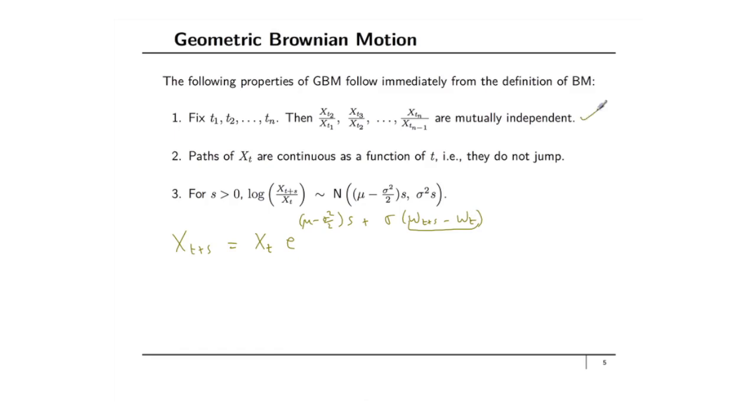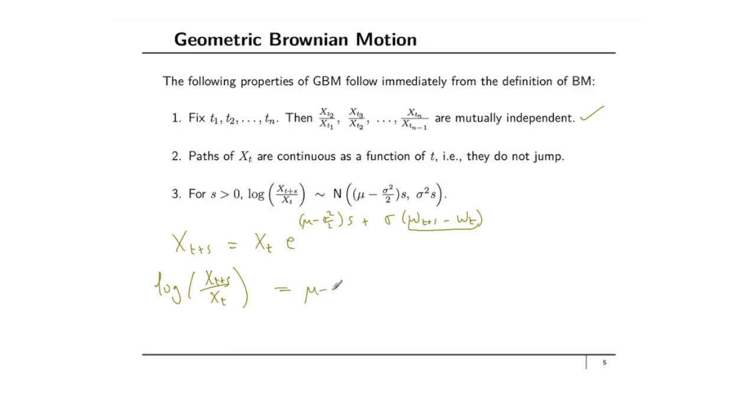The second property is the property I mentioned on the previous slide. That is that the paths of xt are continuous as a function of t. They do not jump. The third property states that the log of xt plus s over xt has a normal distribution as follows. And that also follows from equation 10, which I've rewritten here. So I can easily see that the log of xt plus s divided by xt is equal to just this term up here in the exponent.